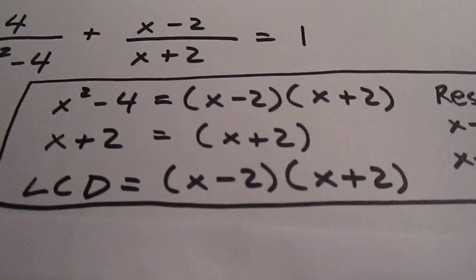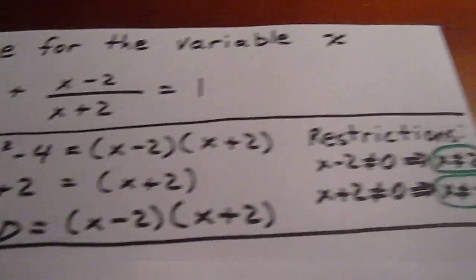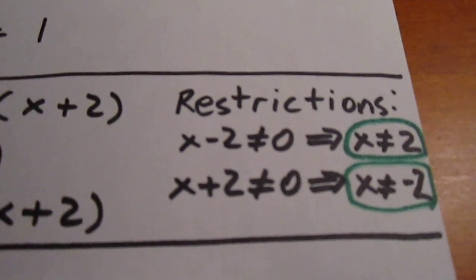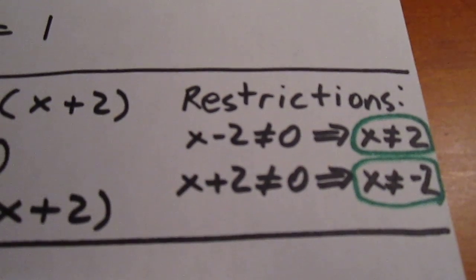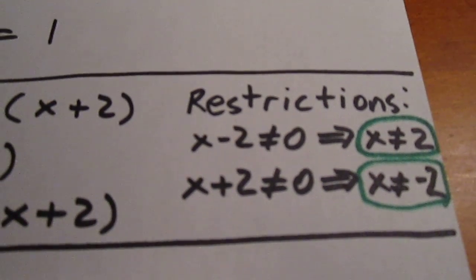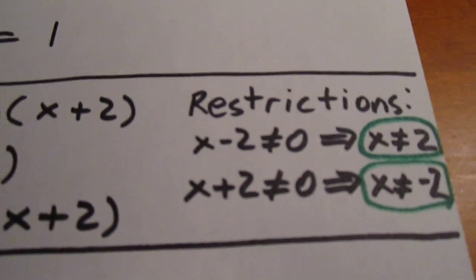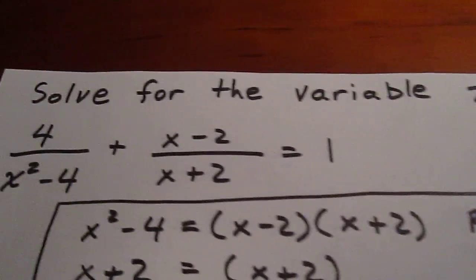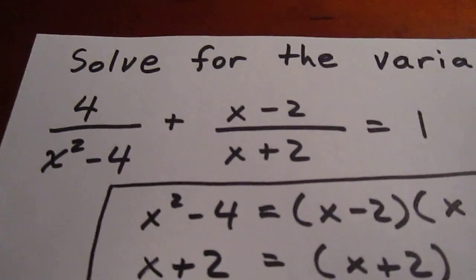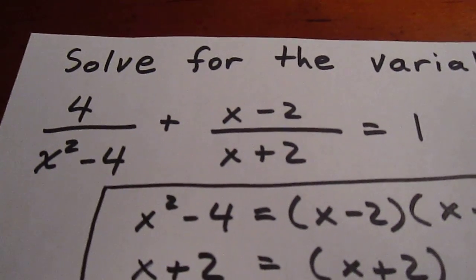Now we state our restrictions at this point, and we see that x minus 2 cannot equal 0. Isolating x leads to the statement x cannot equal 2, and x plus 2 cannot equal 0. Isolating x leads to the statement x cannot equal negative 2. Now at this point, we look back at the original question and we tell ourselves x cannot equal 2 or negative 2.